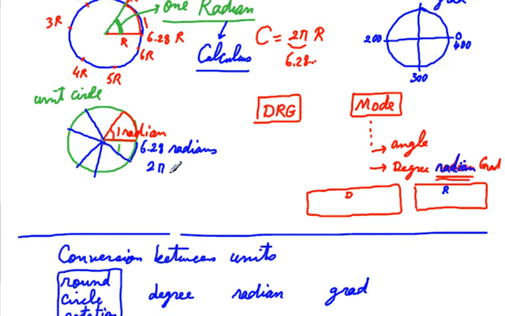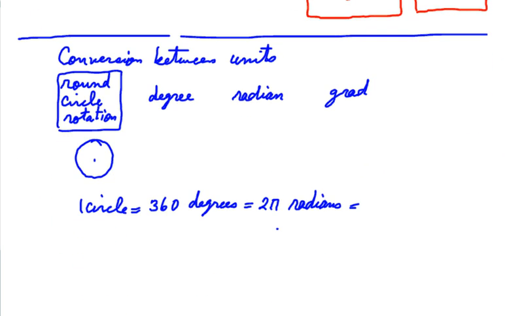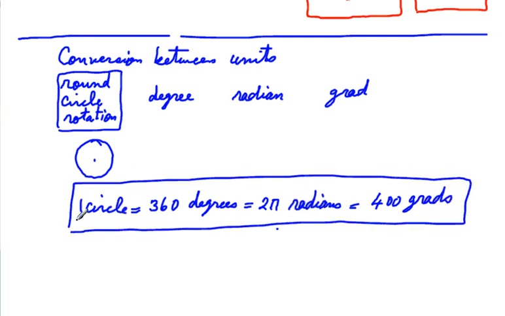That is exactly 2 pi radians. So remember, pi is just 3 point something. And how many grads did we say makes a whole circle? 400 grads. Okay, if you remember this, you can go about your conversions easily. One circle is 360 degrees, 2 pi radians, or 400 grads.